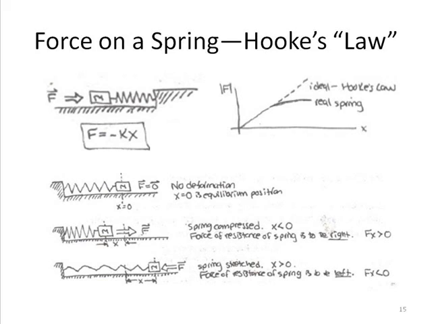We'll define x equal to 0 for an unstretched spring. So when x is negative, in this example above, we've moved one end of the spring to the left, which means it's been elongated. When x is positive, we've moved it to the right, which means it's been compressed.